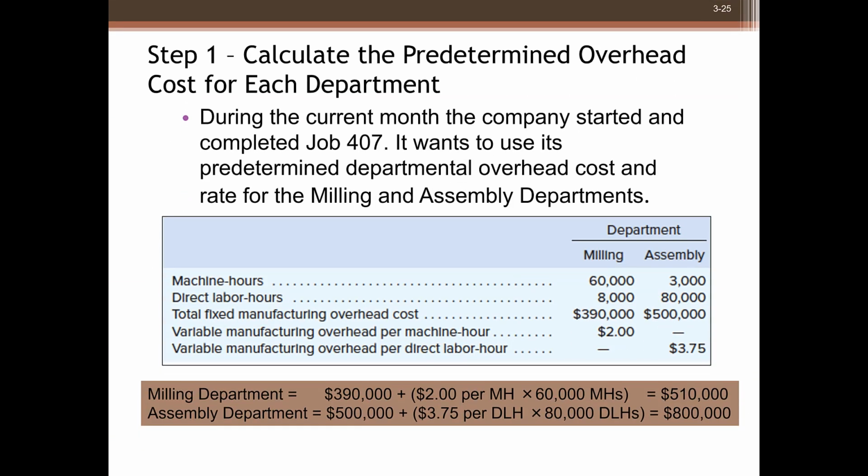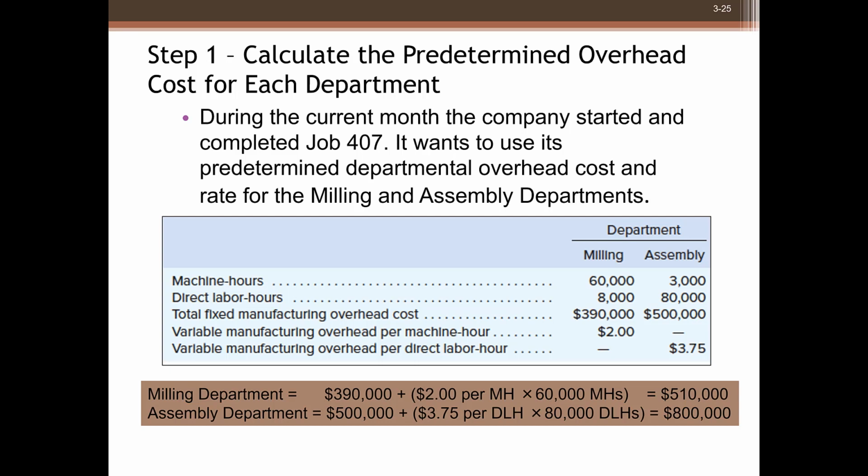Step 1. We need to calculate a predetermined overhead rate for each department. During the current month, the company started and completed job 407. It wants to use its predetermined departmental overhead rates for the milling and assembly departments. To calculate the predetermined overhead rate, we divide estimated manufacturing overhead by the estimated allocation base.